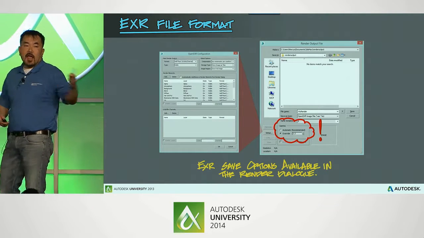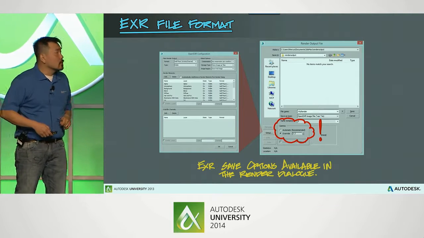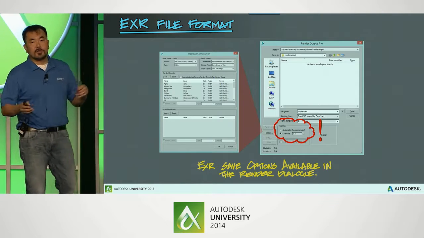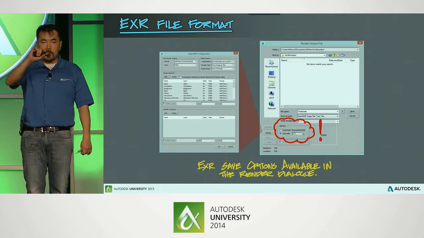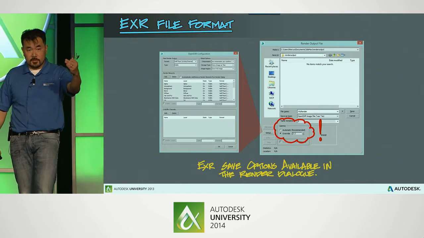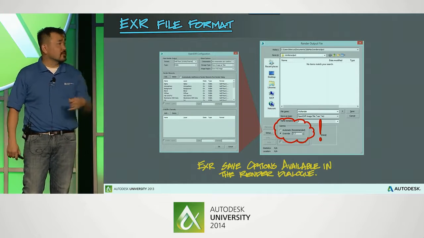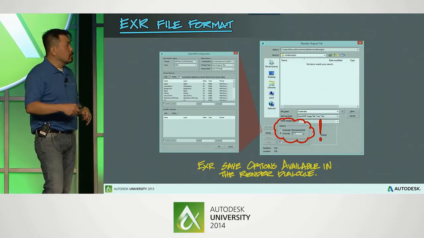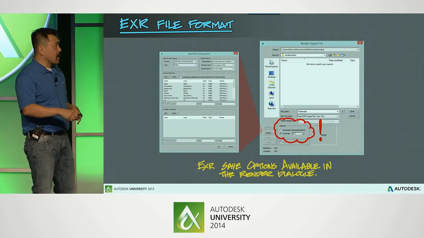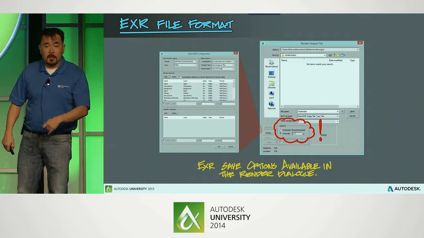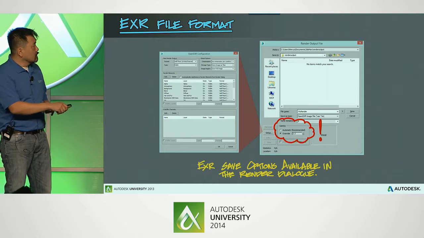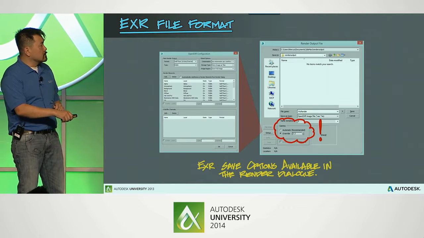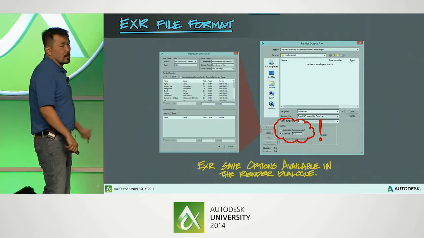So where do we access the EXR file format? When we actually render out something, hit render, we sit and stare at the little percentage bar going across. When it finishes, we have the option to save, and it's nothing more than a pull-down menu, and I specify an EXR file format. But one area that you have to worry about is right here, under Setup, there's an OpenEXR configuration.